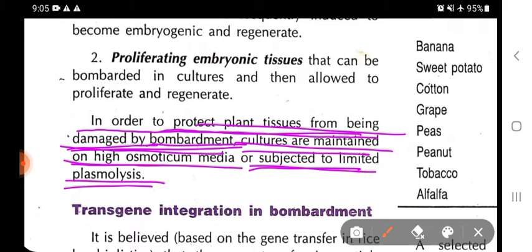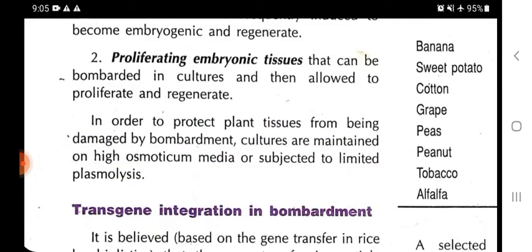So it has been clearly mentioned that if you want to minimize the damage caused by particle bombardment, the cultures are maintained on a high osmotica media or subjected to limited plasmolysis. Then only we can reduce the damage caused by this particle bombardment.